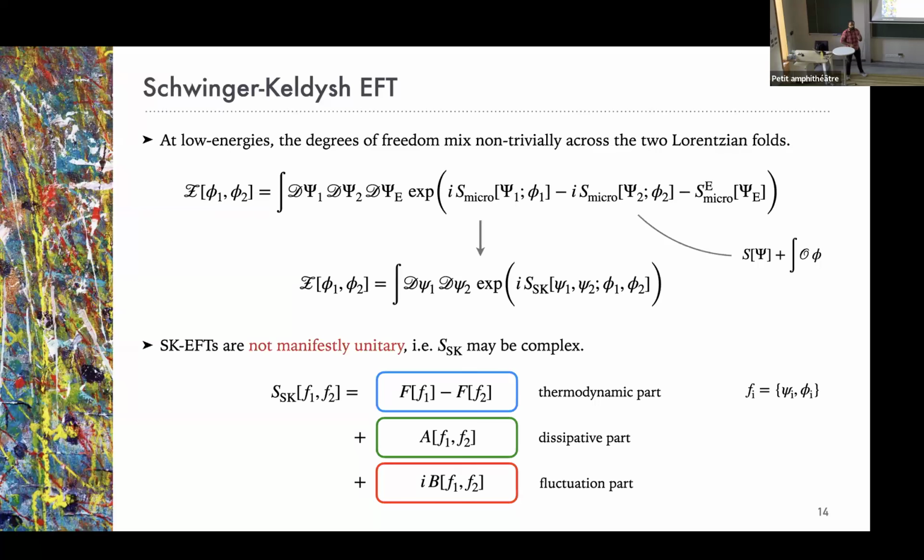Then there's a dissipative part, which is also known as the influence functional in non-equilibrium field theory, which couples the degrees of freedom on different parts of the contour. Out of those influence functional parts, you can have a part that is actually real, and then there's a part that is imaginary. The real part is understood as dissipation, and the imaginary part is understood as fluctuations. These are exactly the three ingredients that I had in the very beginning when I was doing this MSR kind of path integral.